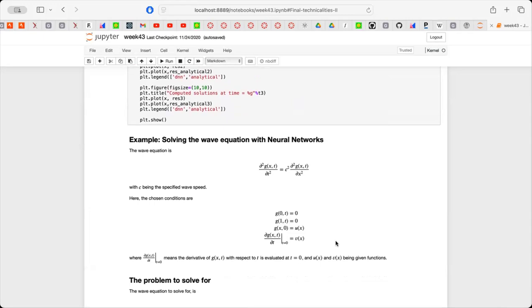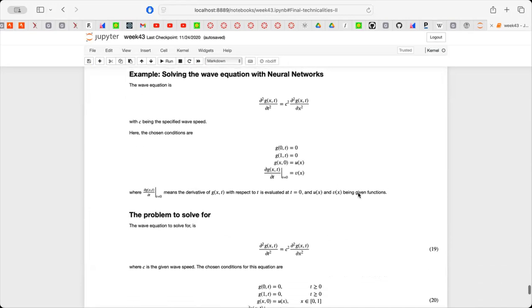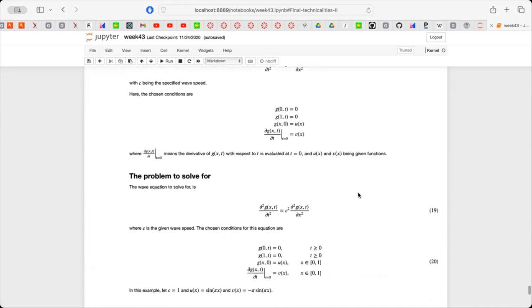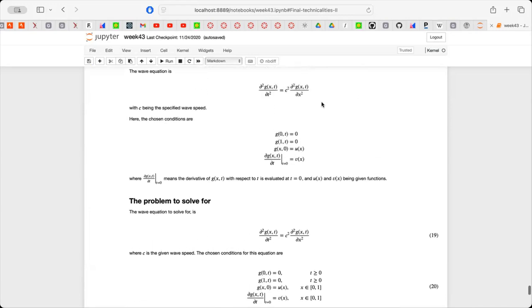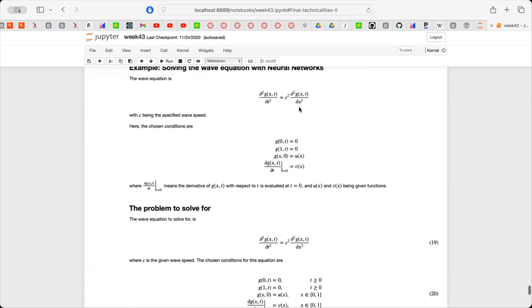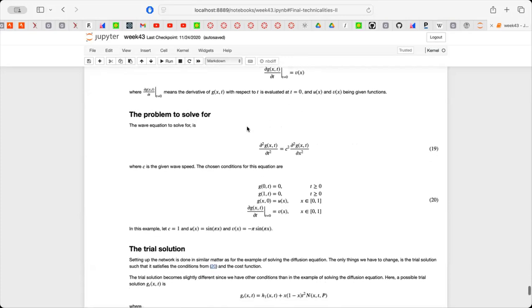So every derivative gives rise to an initial or boundary condition. And in this specific case, we need also to have the Jacobian between x and t again. So this is the one-dimensional wave equation. So we would again need the Jacobian matrix.